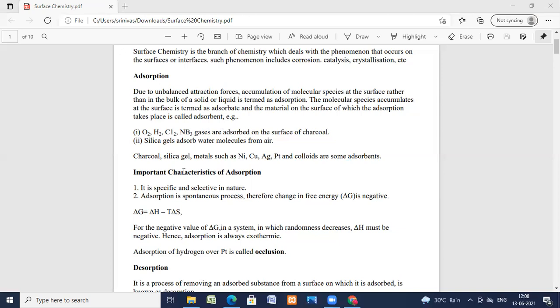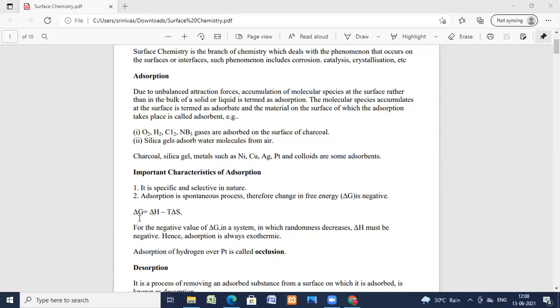Now, let us see the important characteristics of adsorption. It is specific and selective in nature. Adsorption is a spontaneous process. Therefore, the change in free energy, that is delta G, is negative.